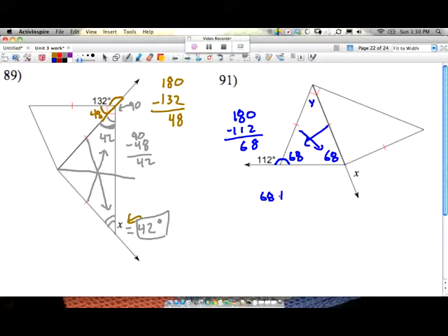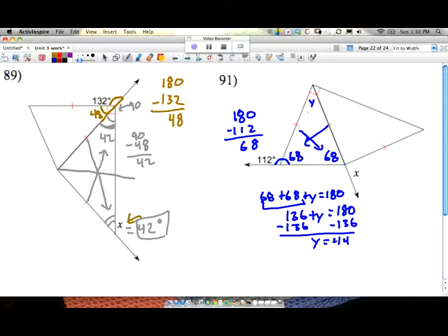So 68 plus 68 plus y equals 180. Add the 68s, and that's 136 plus y equals 180. Subtract 136, y equals 44. So up here this is 44 degrees.